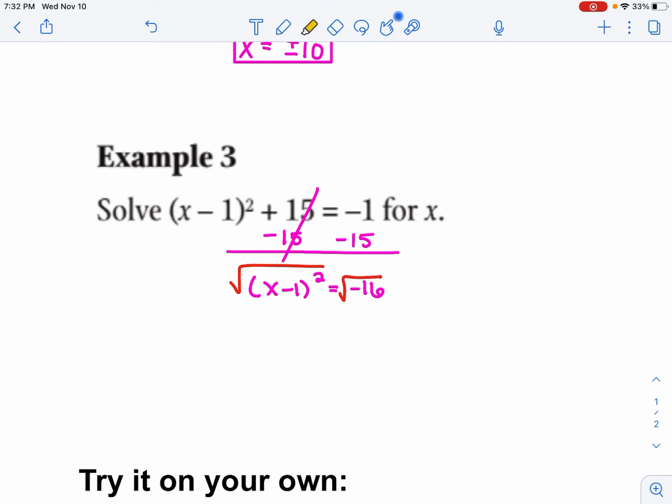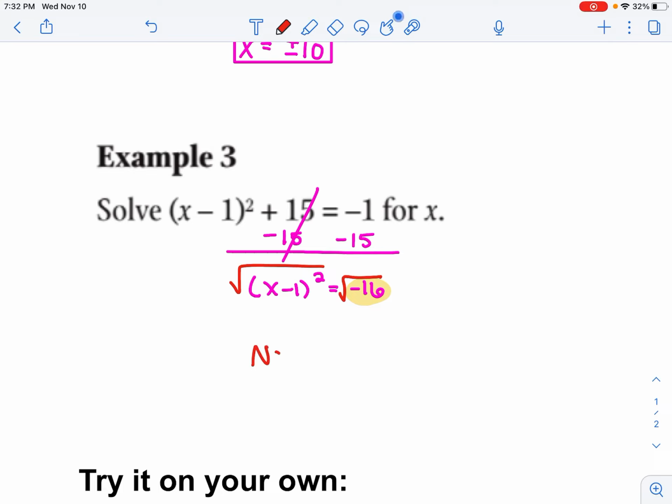Well, do you notice how on the left-hand side I'd be left with x minus 1? But on the right-hand side, wait a second. We can't take a square root of a negative number. That's impossible. That is an imaginary answer. So if we're solving for x here, there's no real solution for x.